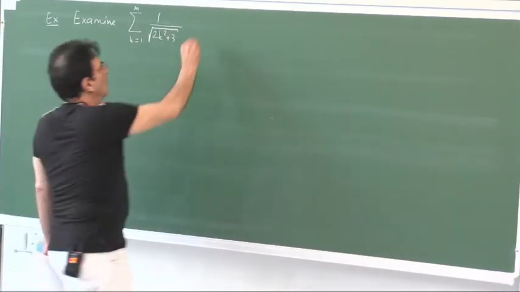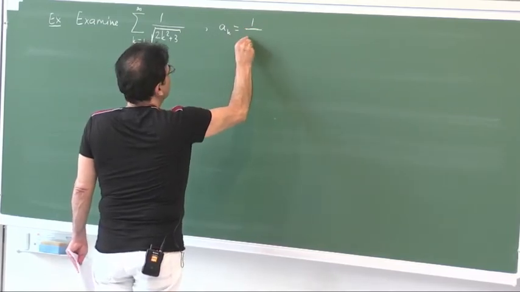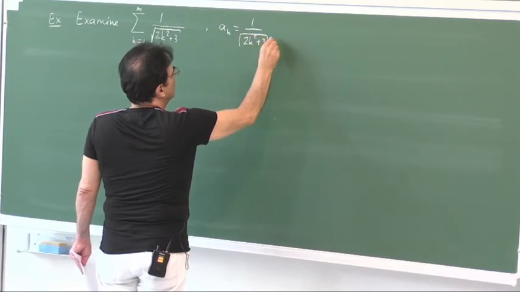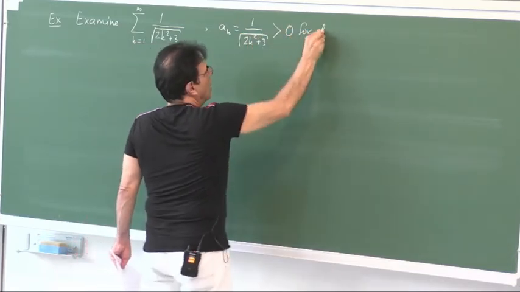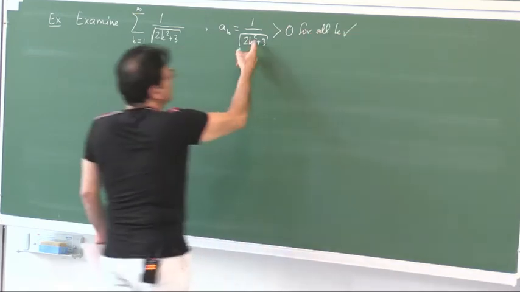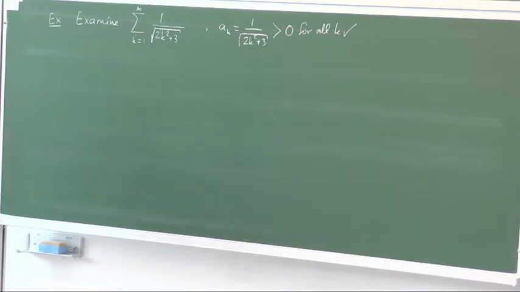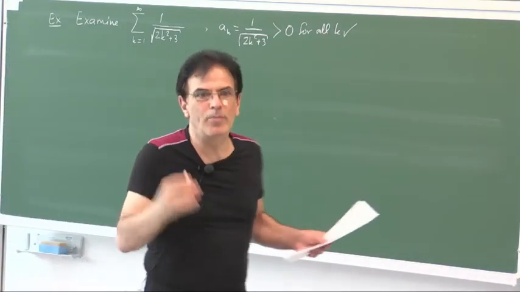So first of all, observe that 1 over the square root of 2k squared plus 3 is positive for all k. Right? This is a positive number. So you can apply either the integral test or the comparison test.